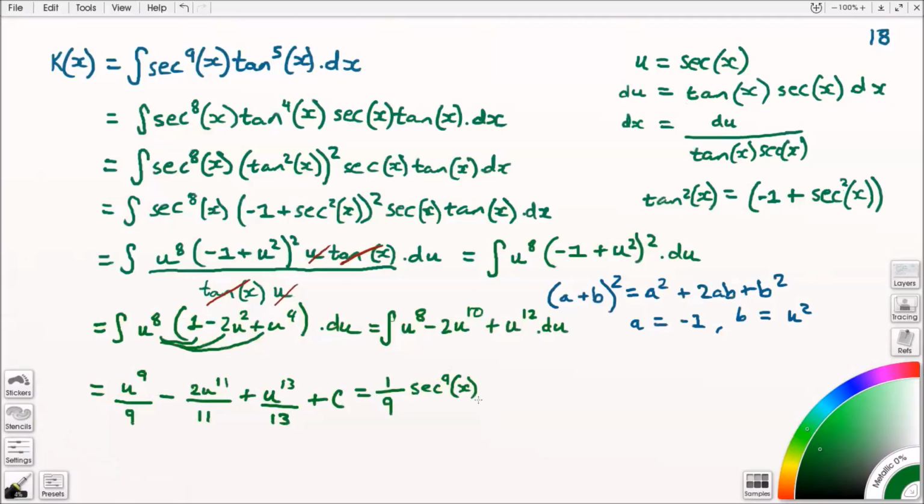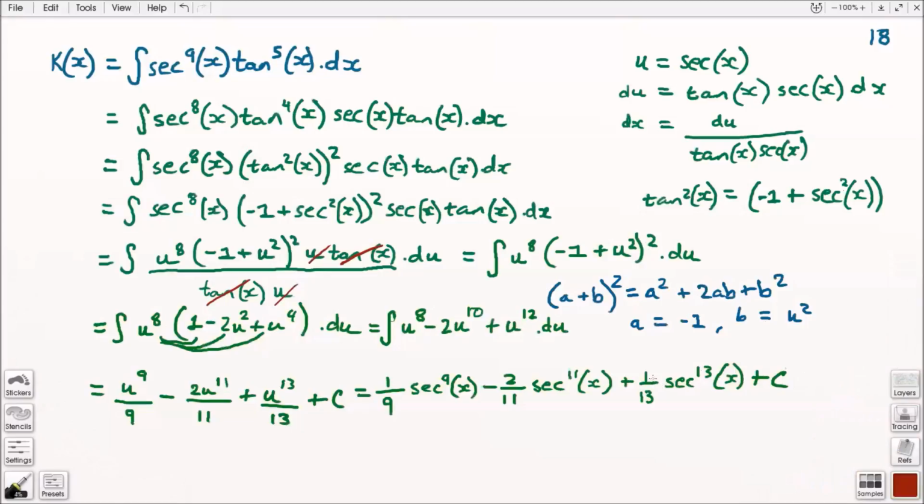Now it's no longer u, it's x. 2 over 11 secant 11, oh dear, x plus 1 over 13 u, no. Sometimes my brain just likes to not function properly.